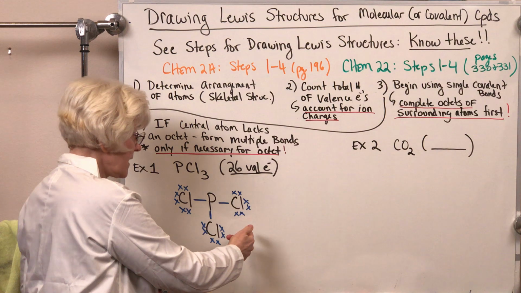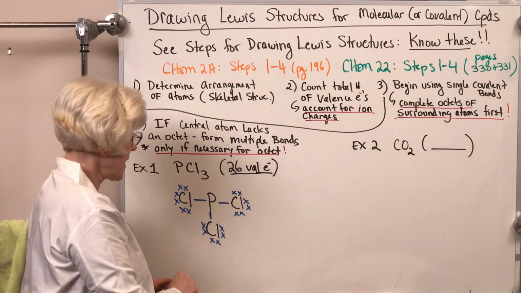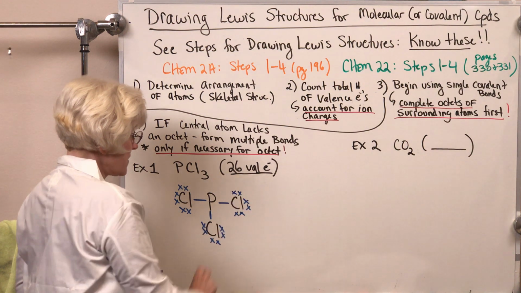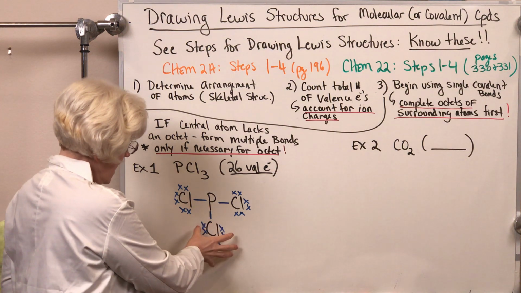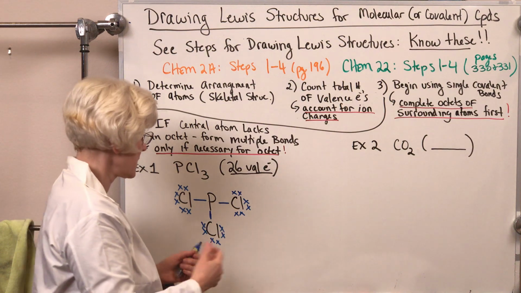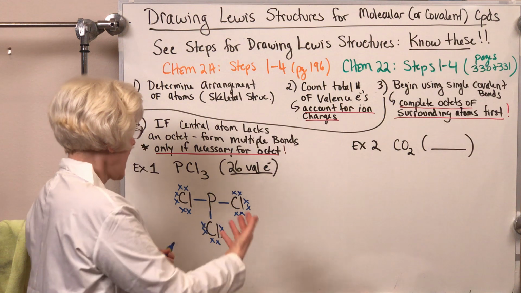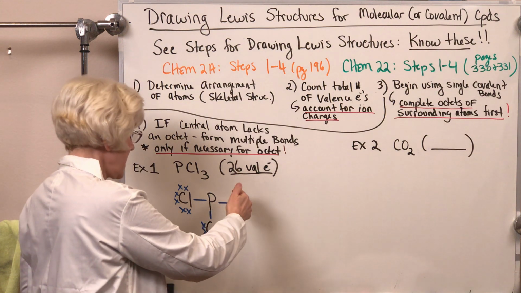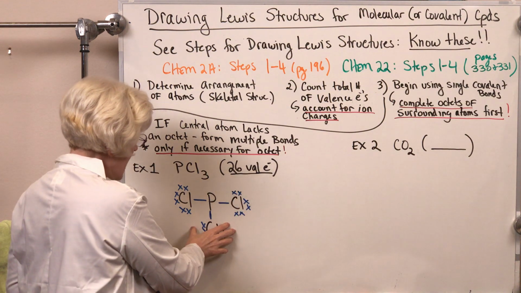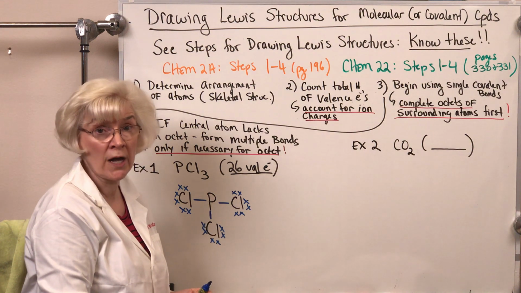And quickly looking here, remember that the dash represents 2 electrons being shared. So 2, 4, 6, 8. This chlorine has 8 electrons, and we see the same thing applies for the other chlorine atoms as well. So stopping and looking at our picture, we see that we have a total of 8 plus 8 plus 8 electrons showing right now in the drawing.